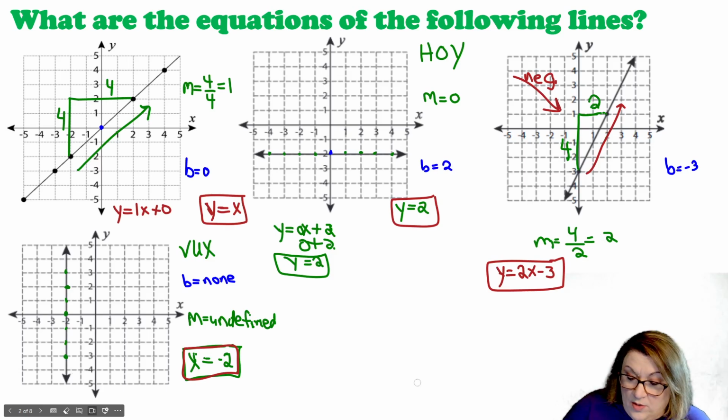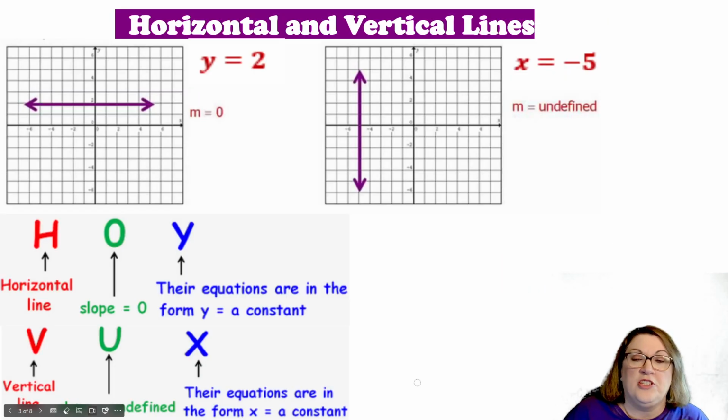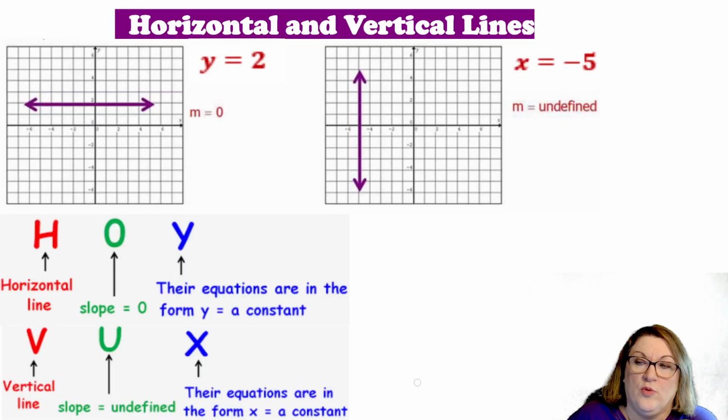Okay, so that's graphs. Now, this is just another reminder of how to do horizontal and vertical lines. If it's horizontal, the slope is 0, and the equation is y equals whatever y value you have in all those points, and it's usually your y-intercept point, the 2 in that example there. And then this one, again, the vertical lines start with x.